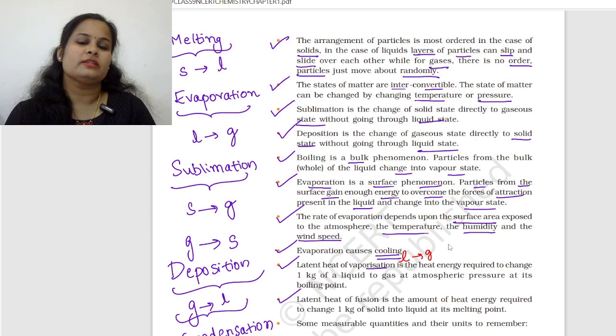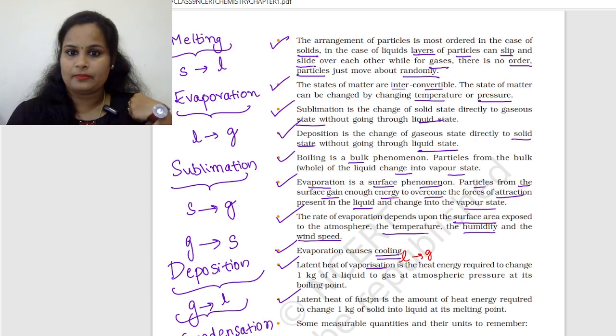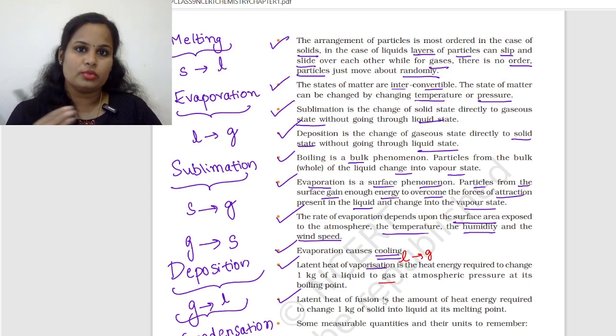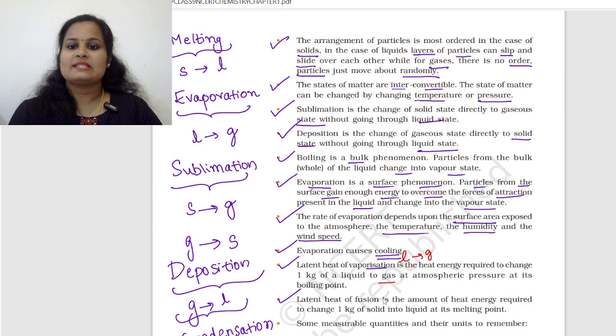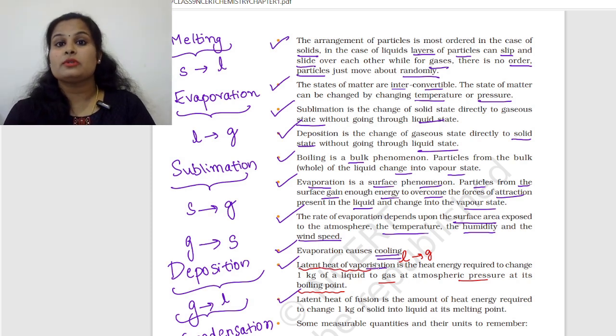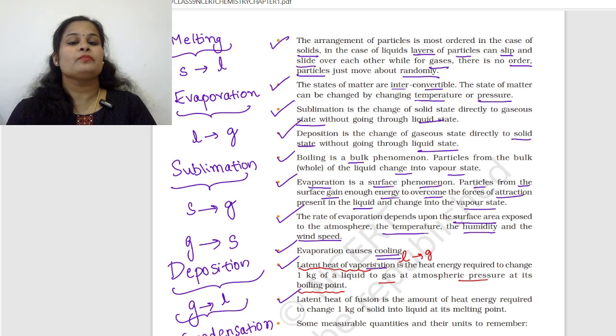Suppose we have 1 liter of liquid and you need to convert it into gaseous state. What amount of heat energy is required to do the same at the normal atmospheric pressure at its boiling point? Why? Because we are now discussing latent heat of vaporization. So this happens at the boiling point, we can say.